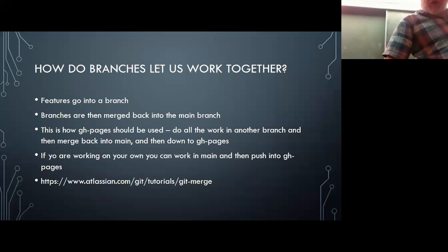So a merge basically is just saying, take my feature branch and move my feature branch into the main branch. A merge is almost always up. And maybe let me make sure people understand what I mean by up. This is something I've talked about in directory structures as well, that off of master, I've got GH pages.